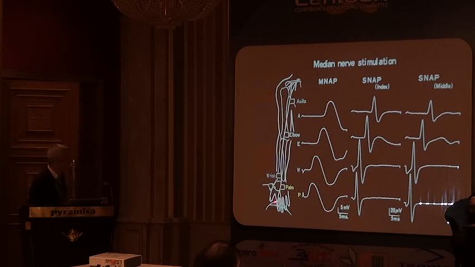But if you look at the sensory, antidromic sensory, these are three simultaneous recordings. Antidromic sensory potential becomes smaller and smaller. And when you stimulate at the axilla and record here, it is very small, right? Now, but this is normal, right?